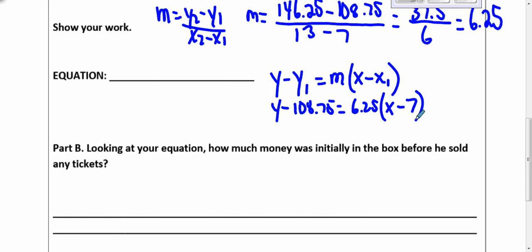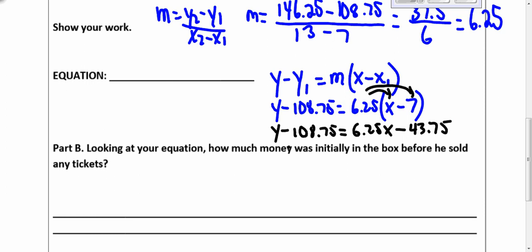So remember, we did this in class. We have the distributive property right here. So this is y minus 108.75 equals 6.25x, and 6.25 times negative 7 is negative 43.75. Now I'm going to add the 108.75 on both sides because you have to solve for y. This cancels.